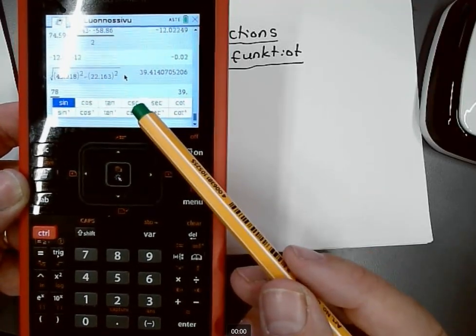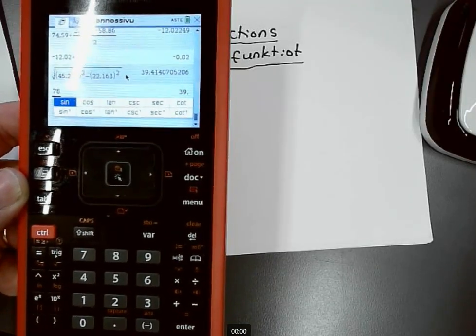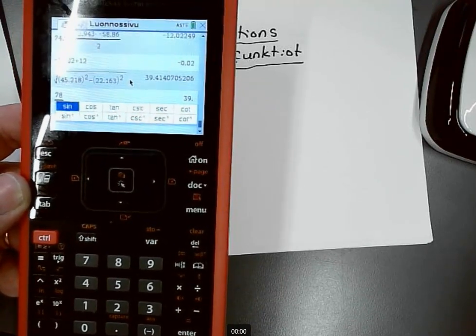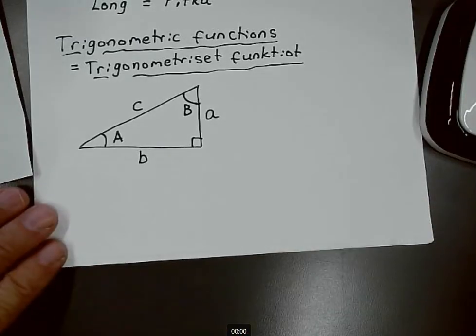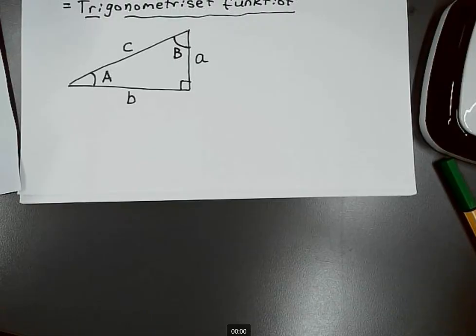But these cosecant and secant, I don't know if I have ever seen those functions in civil engineering applications. I use them so rarely that I always have to try to remember again what secant and cosecant mean, because I have not found any applications for them.